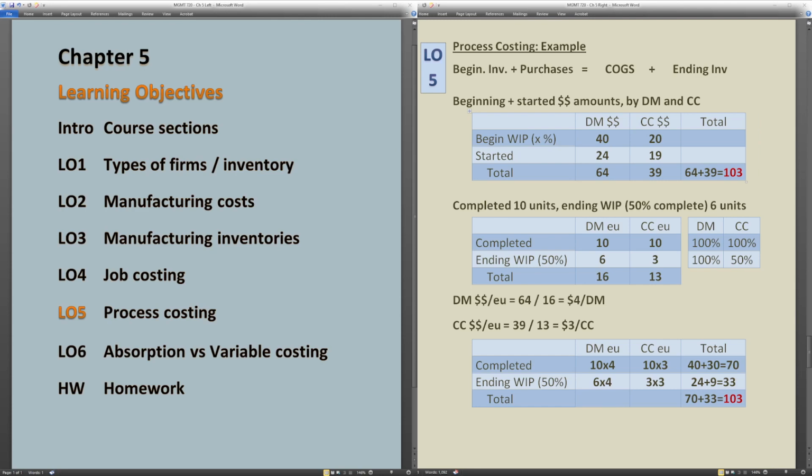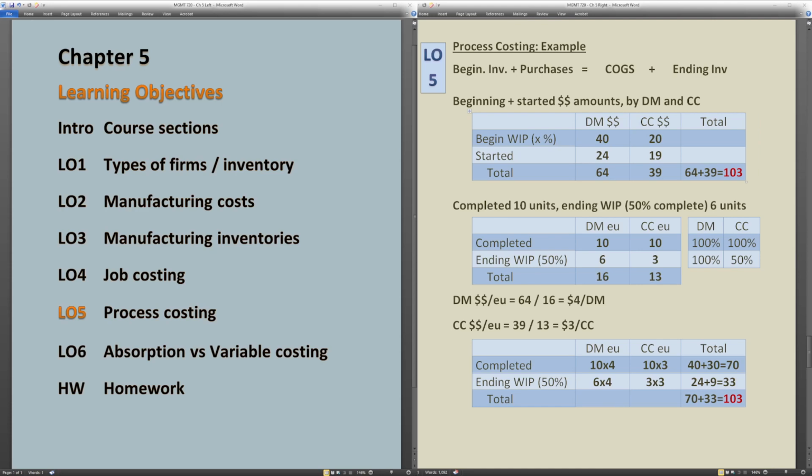So look at the little box. 3 of the boxes are 100%, and only 1 box is whatever the percent is that says on the question. So completed, if it says there's 10 units completed, it's 10 units of DM and it's 10 units of CC. Any work in process, if there are 6 units, that means 6 units of DM, and then only apply that 50% to the CC.